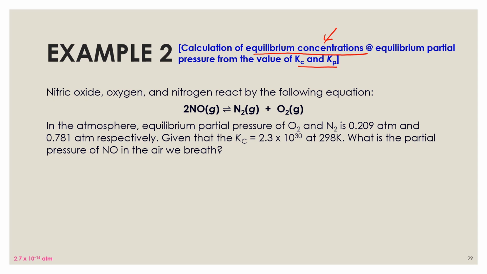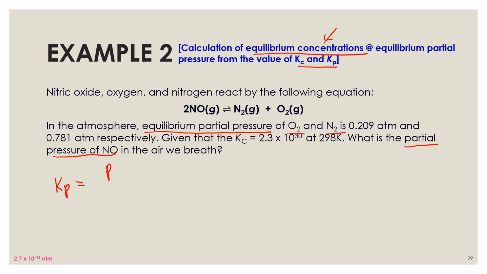So in this soalan, you are going to find the partial pressure of NO. Dan kita juga dah ada nilai equilibrium partial pressure for oxygen and nitrogen gas. So by having this information, supposedly kita boleh tulis Kp expression untuk that chemical equation.